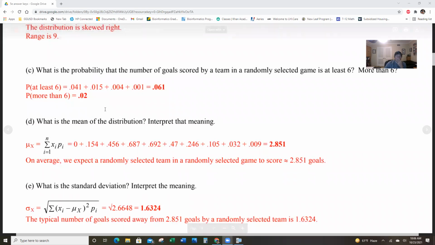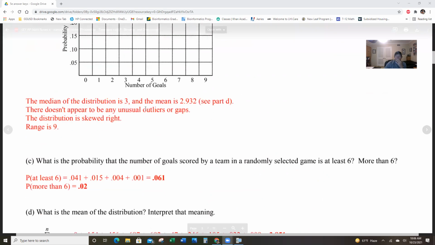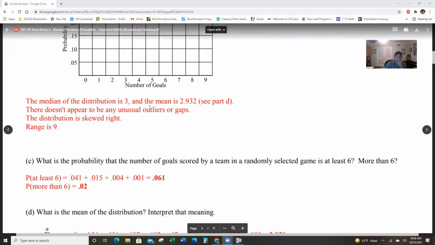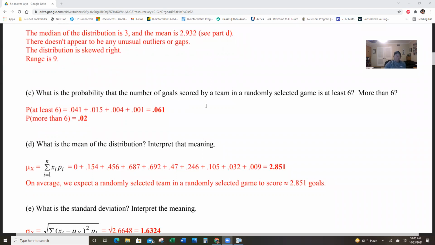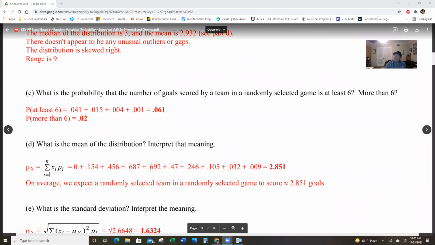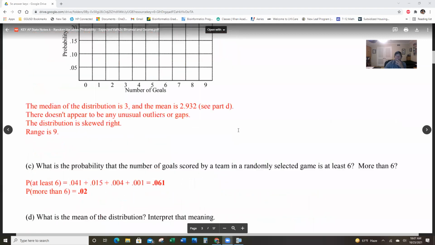And you see the math here. Okay, more than 6 is, you can add those up there. More than 6. You see the math there. Okay, no problem. Now, item D, what is the mean of the distribution? Interpret the meaning. All right, I'm going to get to this in a second here, but how do you do the mean? And there's a formula that we had up there.